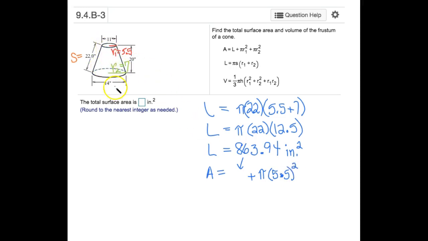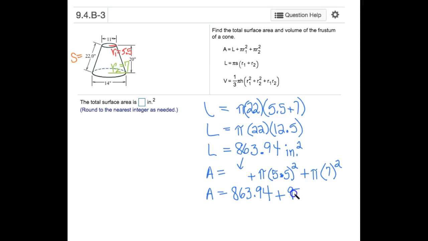It doesn't include the top and the bottom. And then this formula makes a little more sense because you can see that we still need to add in those two circles. So then we also need the bottom circle, and the radius there is 7, so I have pi times 7 squared. And then this would be 863.94 from the part that we got from L.